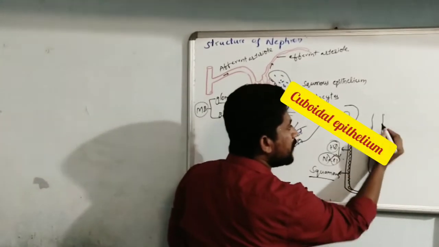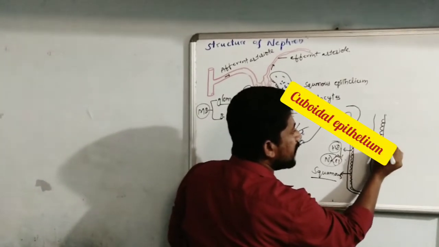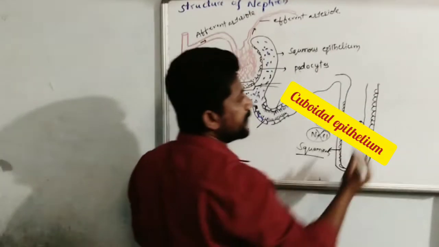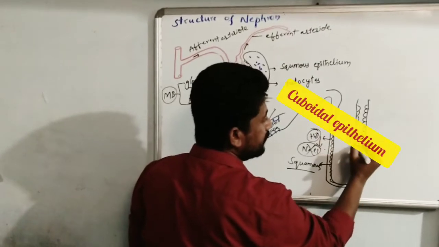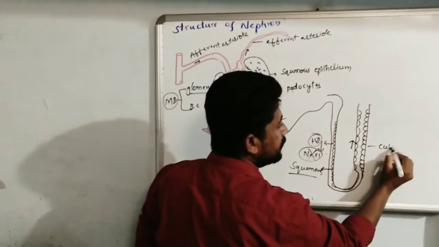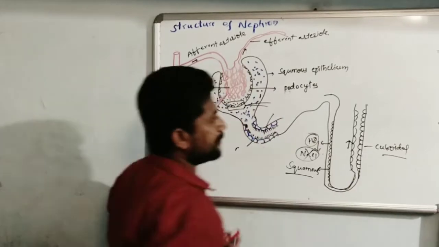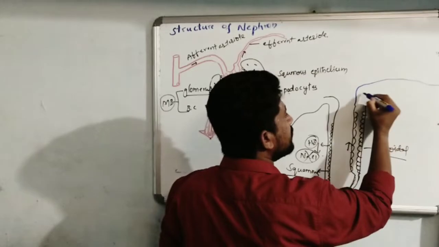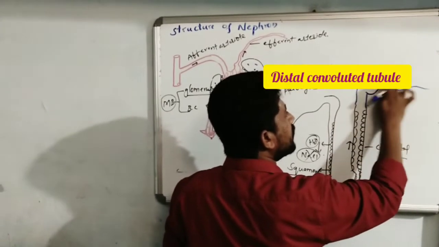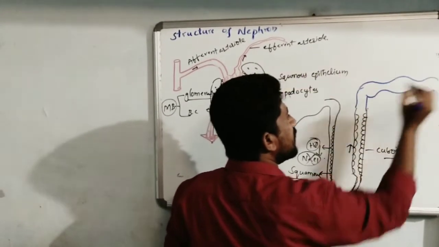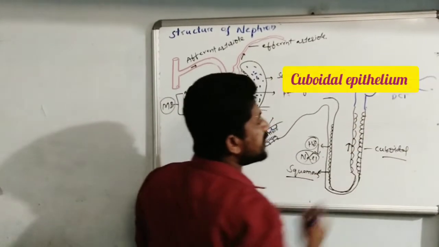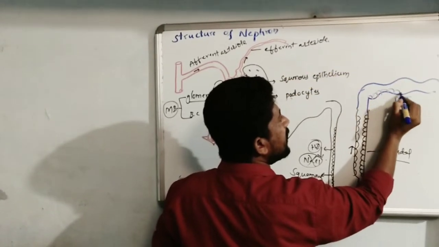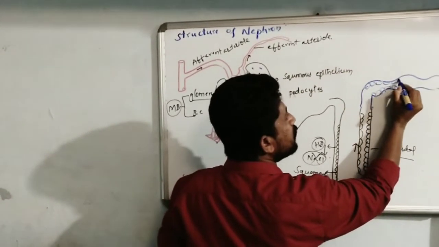The ascending limb is lined by cuboidal epithelium, but remember there is no brush border here. It then continues as the DCT, the distal convoluted tubule, which is also lined by cuboidal epithelium with no brush border.